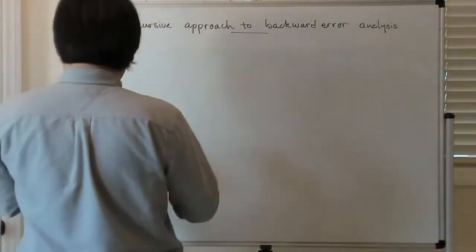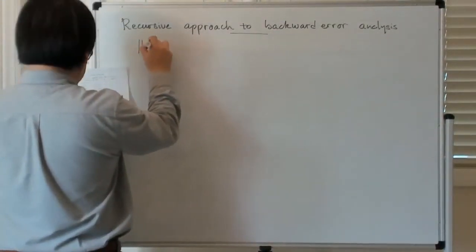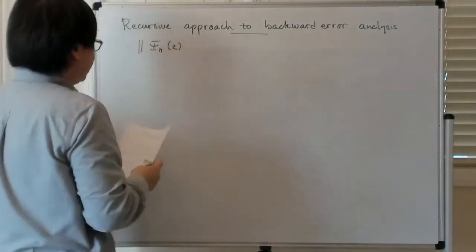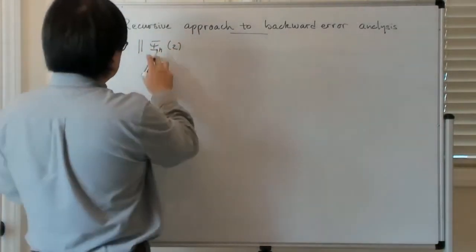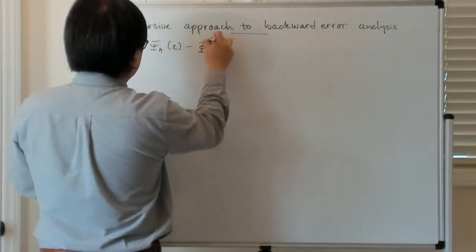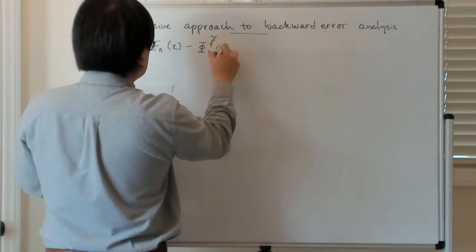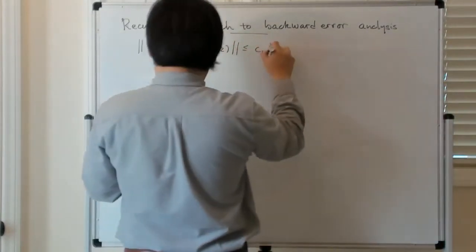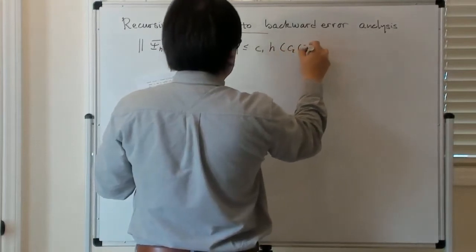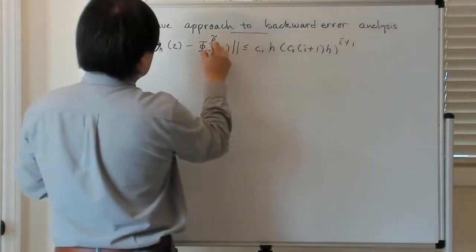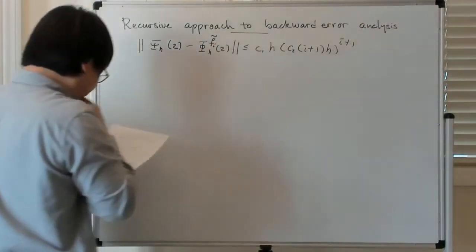Okay, so what we have so far is that the difference between the numerical method, the one-step method, and the exact flow of the modified vector field has an estimate which looks like C1 h (C2 (I+1) h)^(I+1), and this is for the I-th modified vector field.